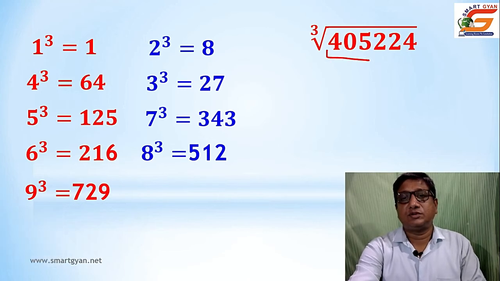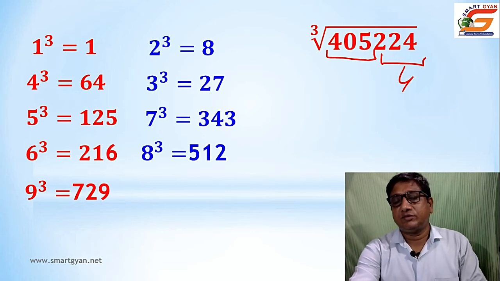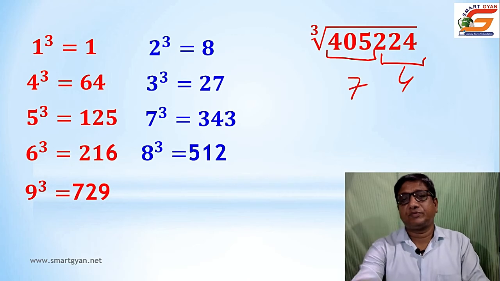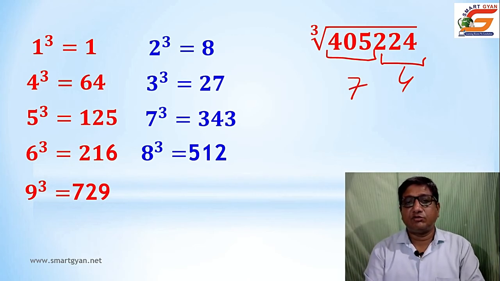Next is 4,05,224. Here it will be 4 and this one will be 74. 7 cube is 343 whereas 8 cube is 512 which is greater than 405.